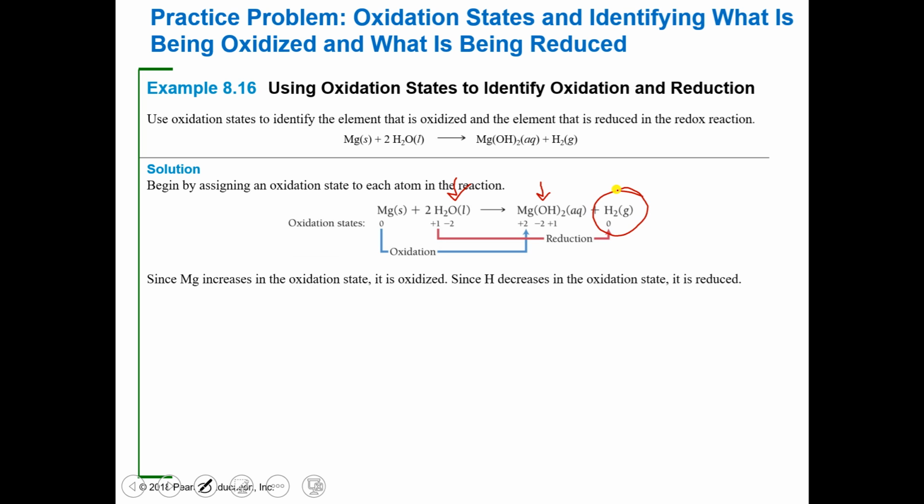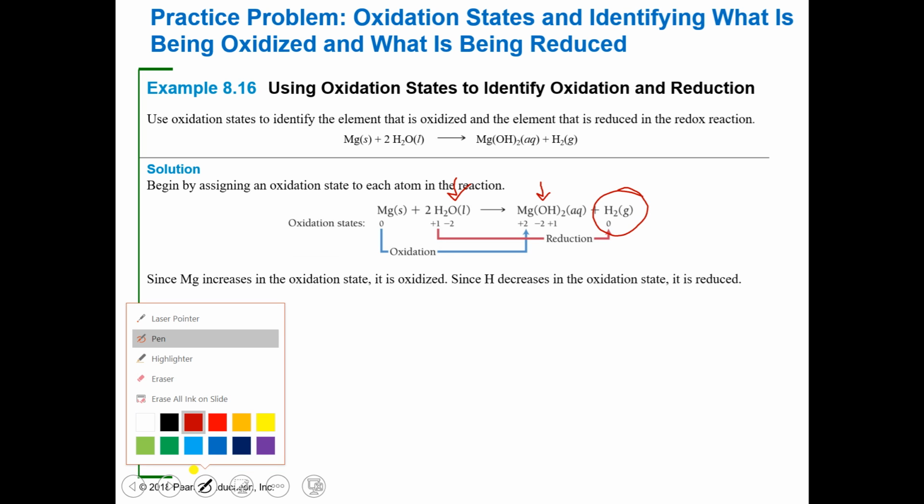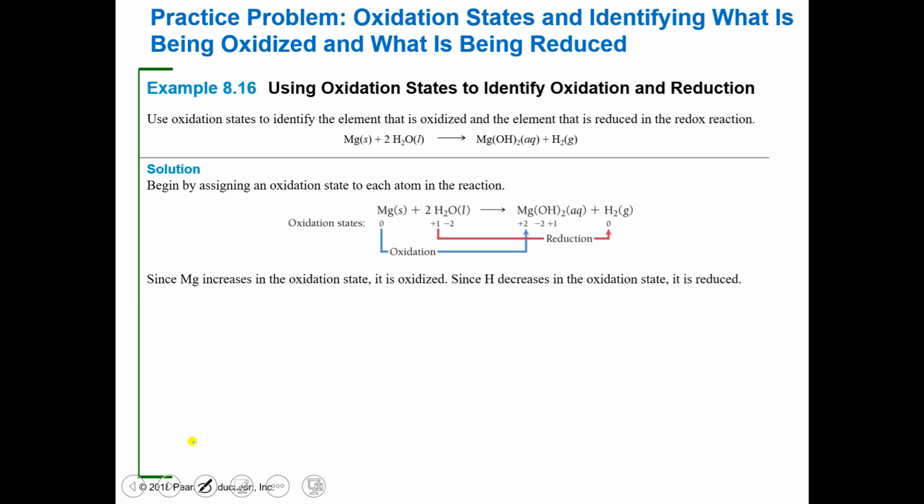If we look on the reactant side, we see hydrogen here, which we already talked about as +1. That's its rule when it's involved in an all nonmetal compound. On the product side, it is now hydrogen gas in its diatomic form or free state form.